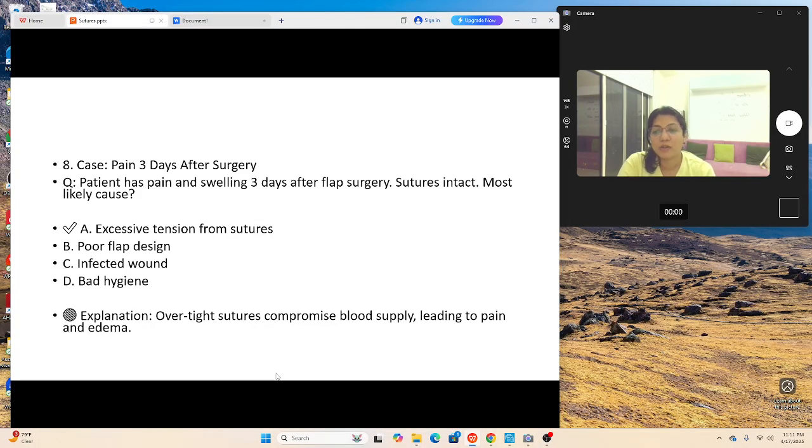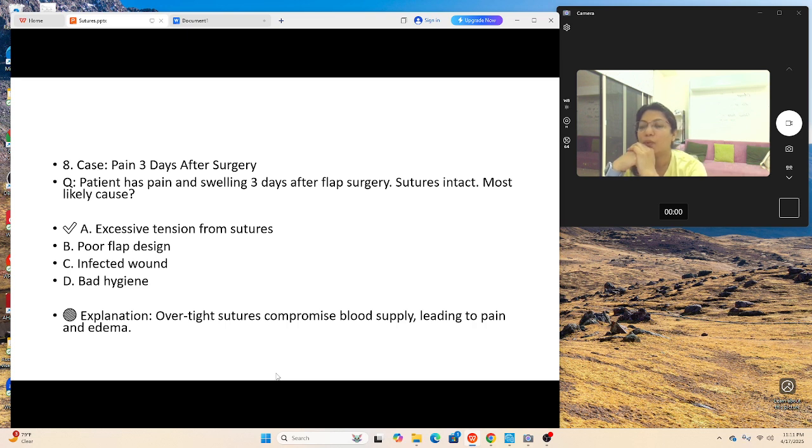Patient has pain and swelling 3 days after flap surgery. Sutures are intact. Most likely cause. So most likely cause, meaning all the options can be correct. I have to choose the most likely cause. I'm choosing your best friend, right? Excessive tension from sutures, poor flap design, infected wound, bad hygiene.